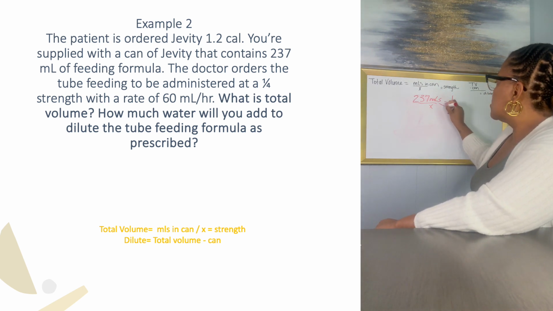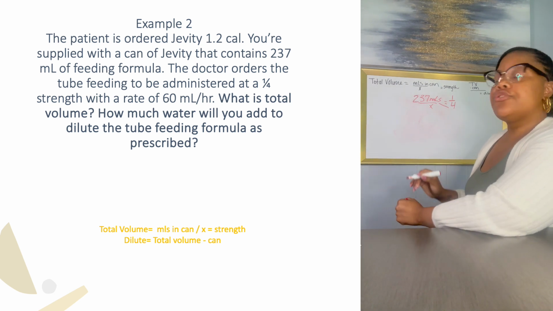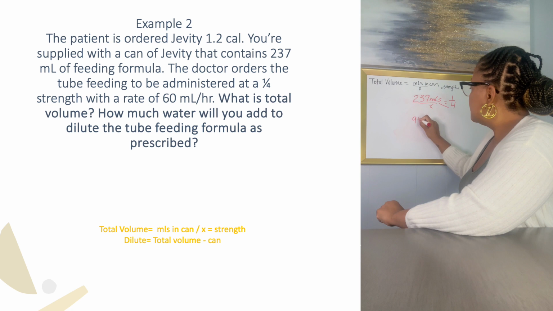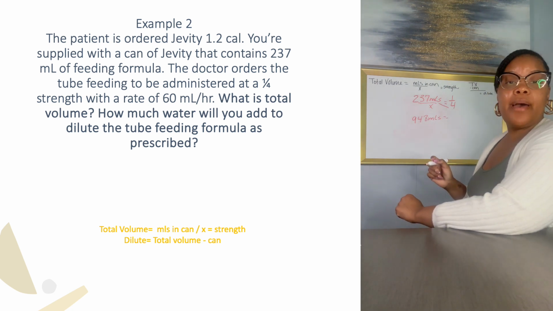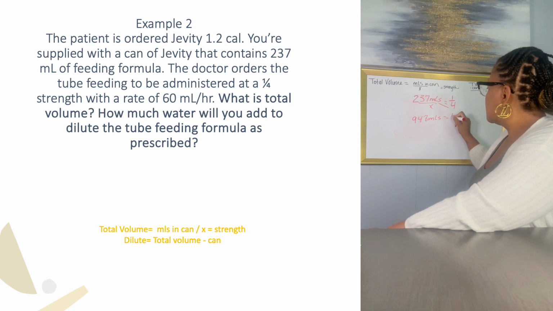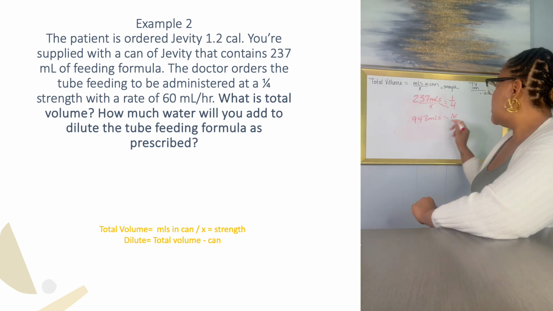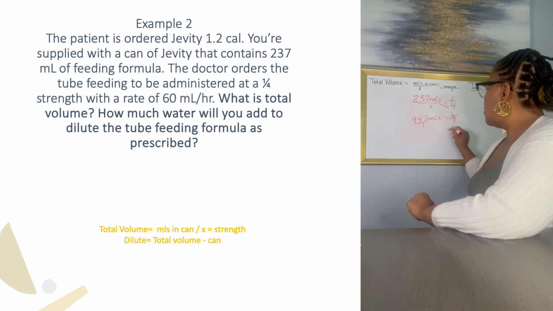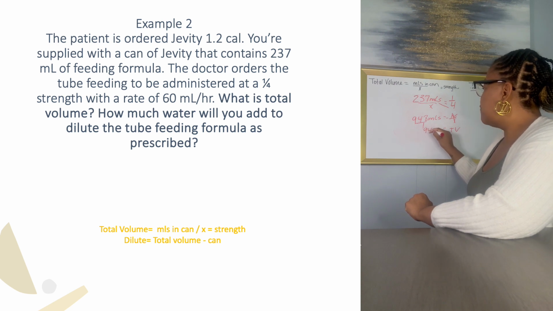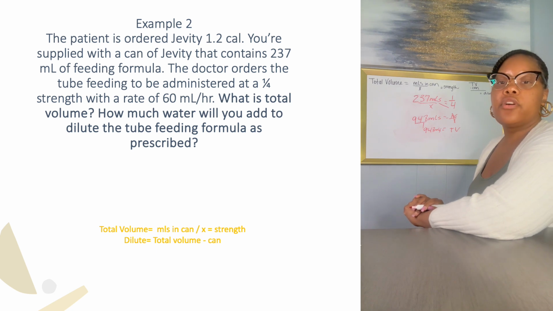So we're then going to cross multiply. 237 times 4 is 948. 1 times X is 1X. So we want to isolate our X. So we're going to divide by 1. So our total volume here is 948 mLs. All right, so we got our first part of the question.